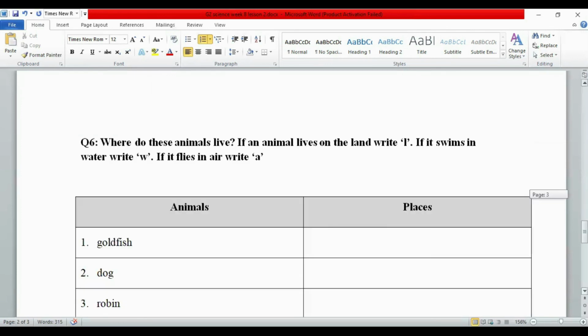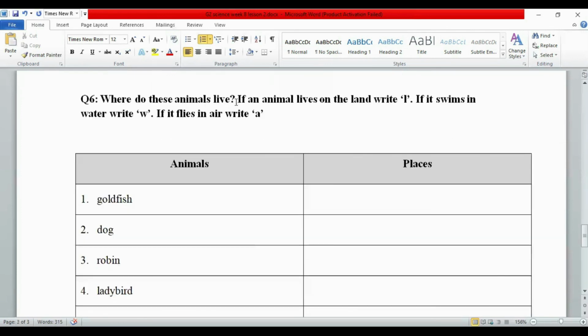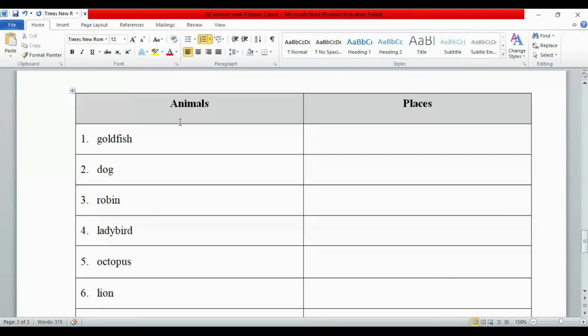Question number 6 is, where do these animals live? If an animal lives on the land, write L. If it swims in water, write W. If it flies in the air, write A. So what you are going to do, you are going to simply mention where do these animals live. Goldfish live in where? You know it.